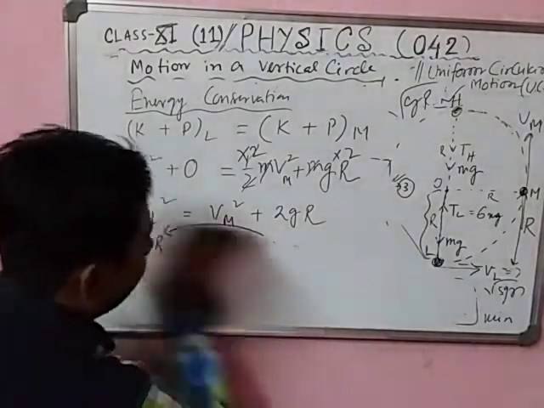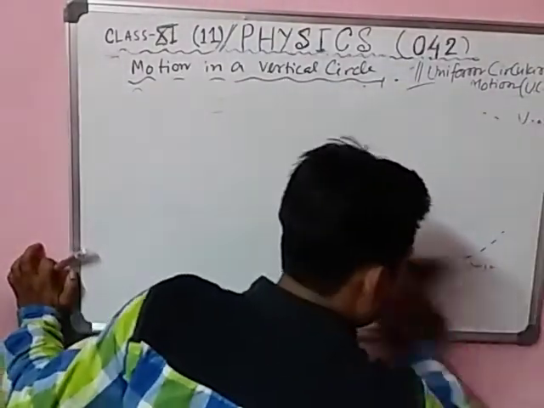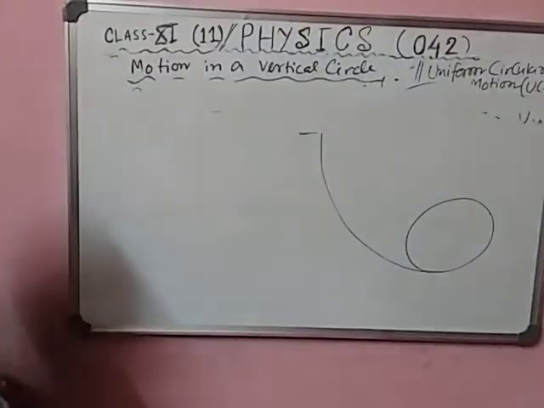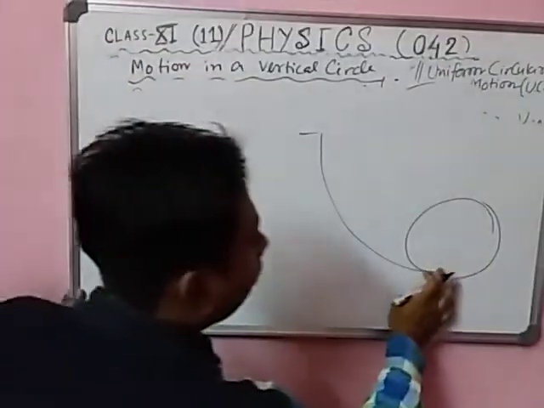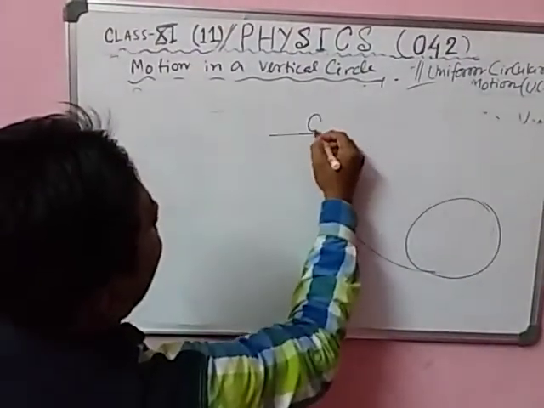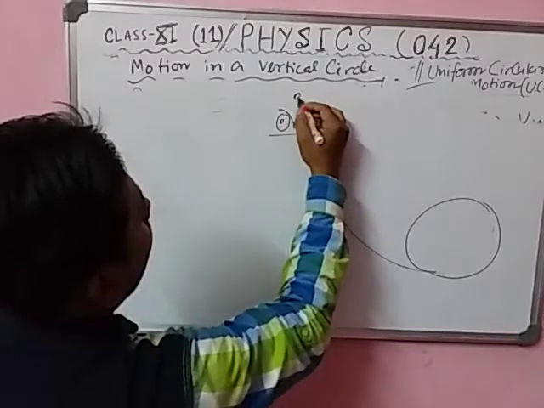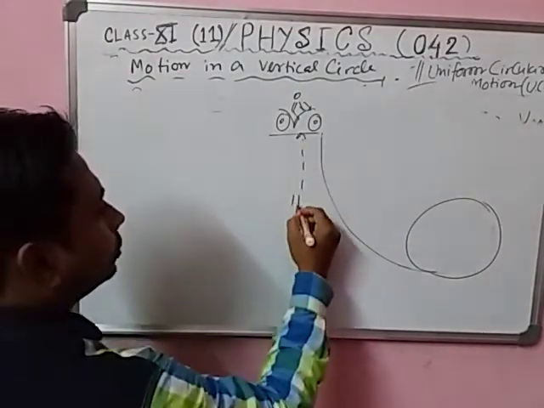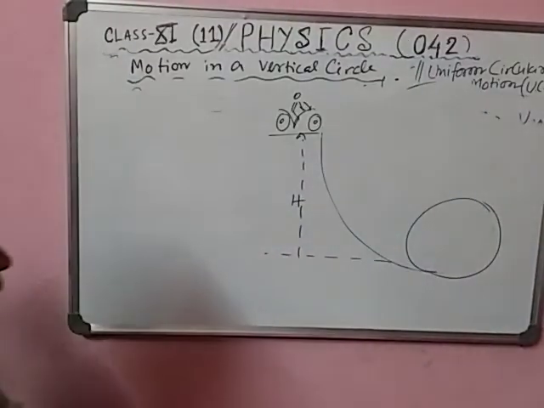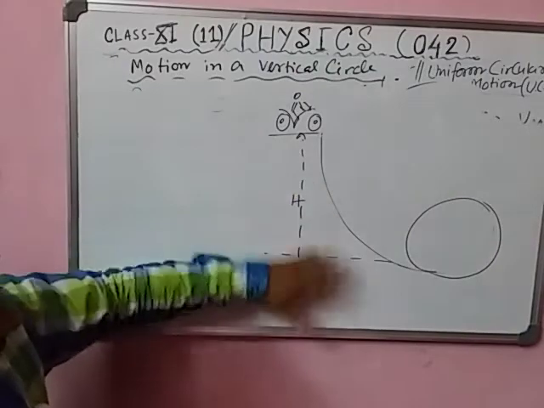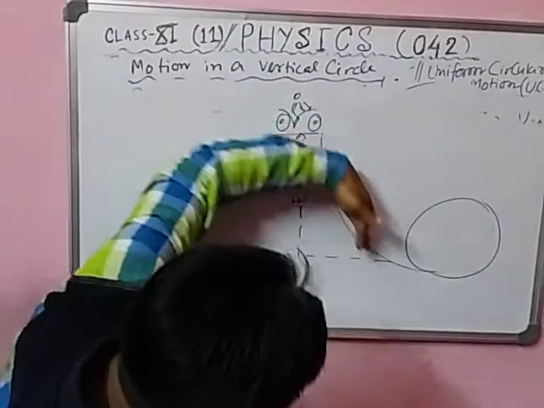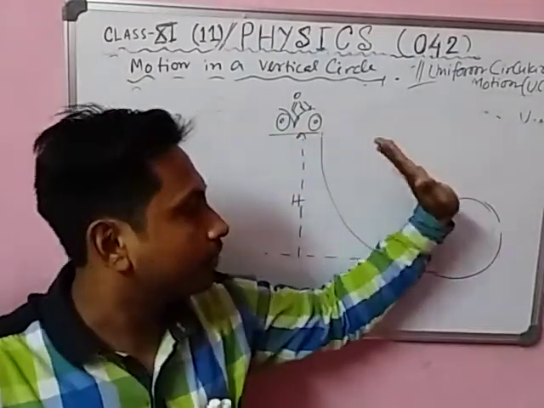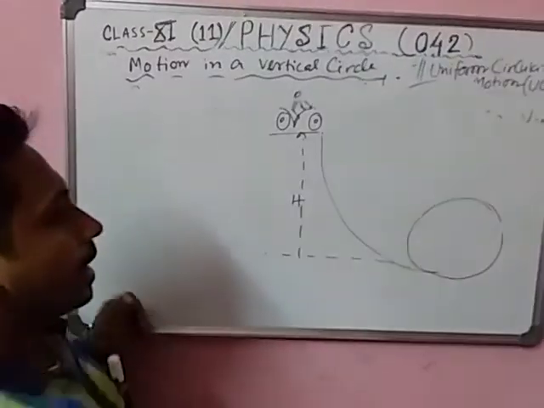Now one numerical. Students, see, suppose a bike rider is at a height of h from the ground and wants to move down, and he wants to move in a circular path or in a globe of radius r.